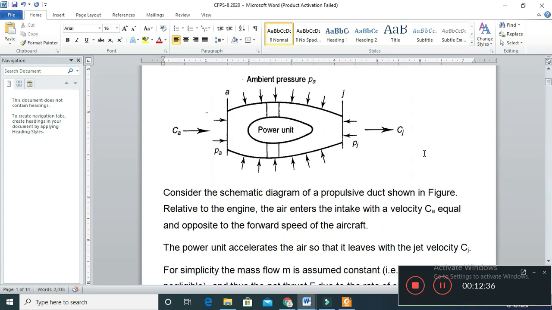For the analysis of the airplane cycles, suppose this is the computational control volume, and this is the power unit. There is ambient pressure in the surrounding region. The air is coming in with a velocity of Ca, and the fluid is discharged with a high velocity of Cj.